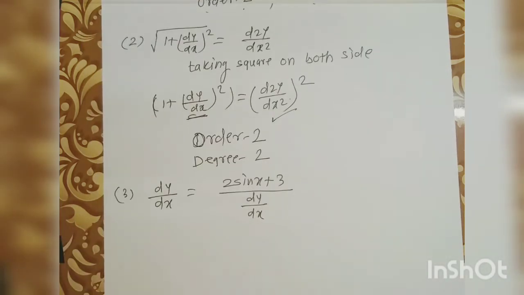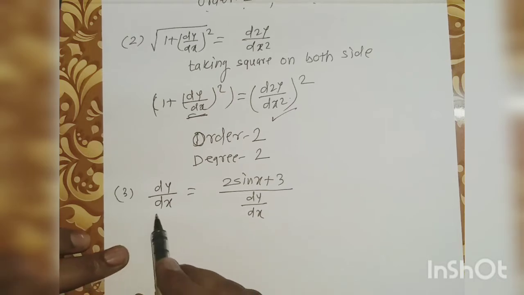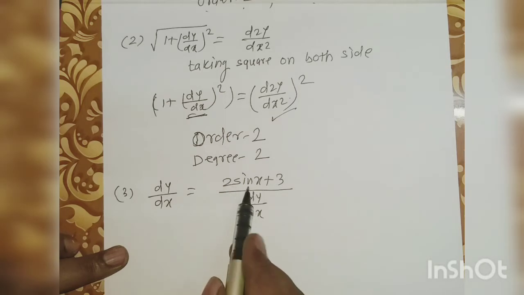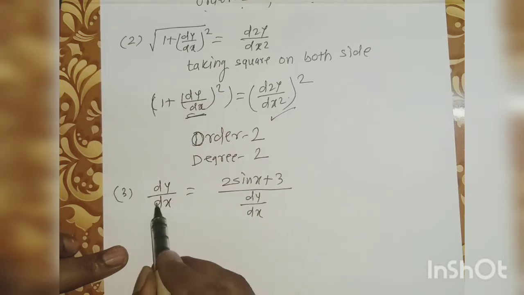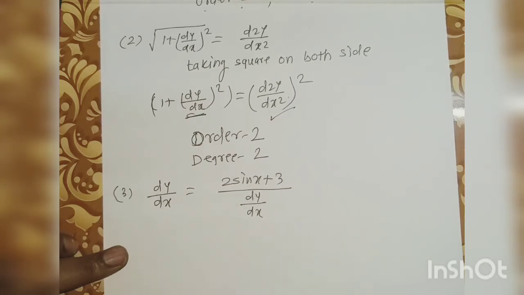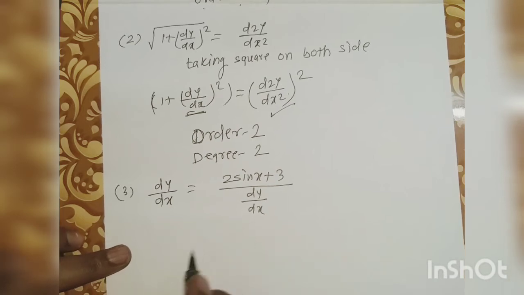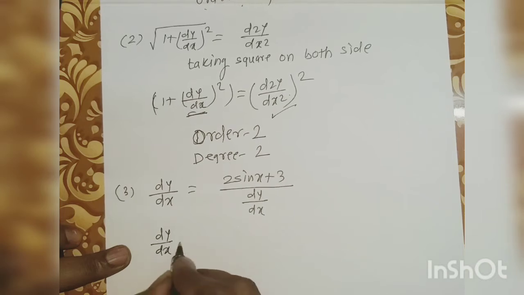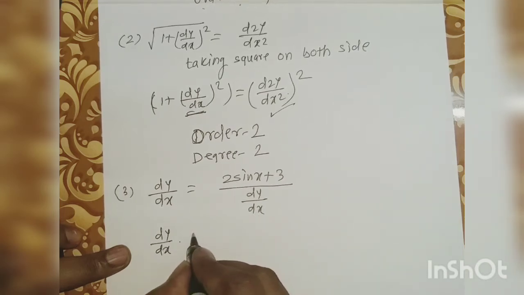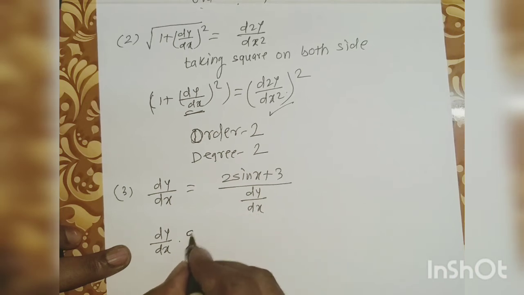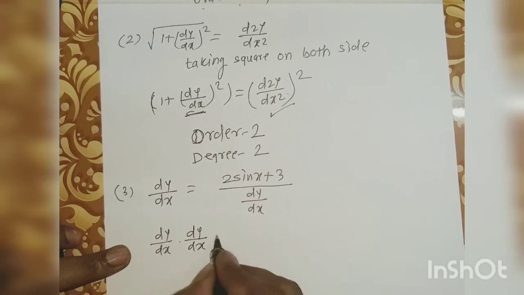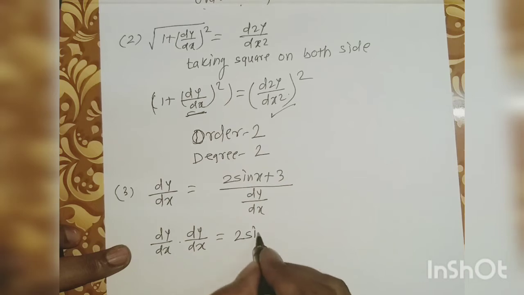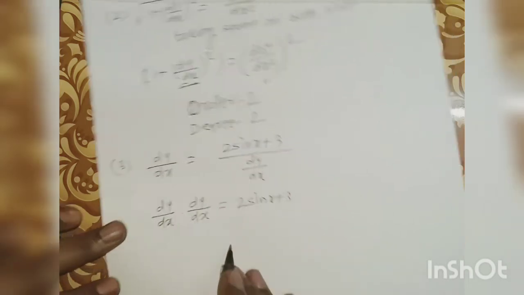Now this example is not in standard form, because on the right hand side there is a numerator and denominator, and on the left hand side only dy by dx. First simplify this equation into this form: this denominator in left hand side, take this denominator, dy by dx into dy by dx is equal to 2 sin x plus 3.